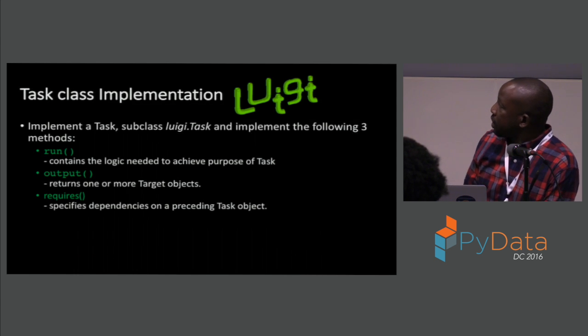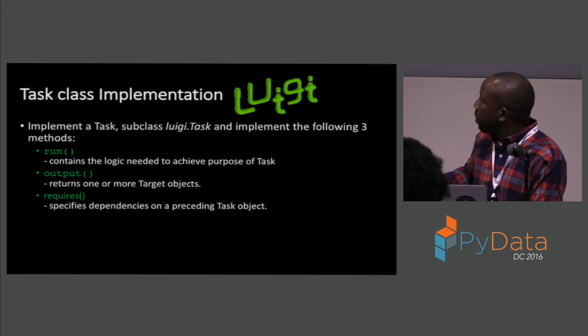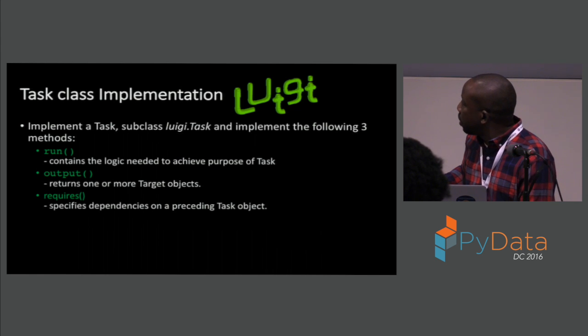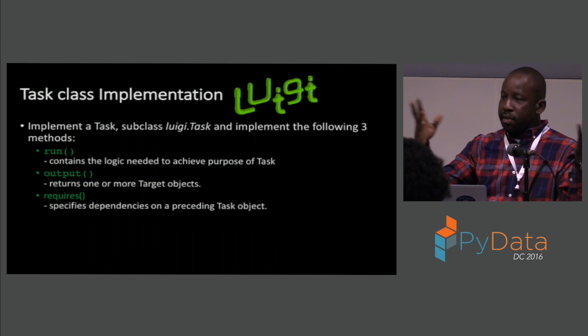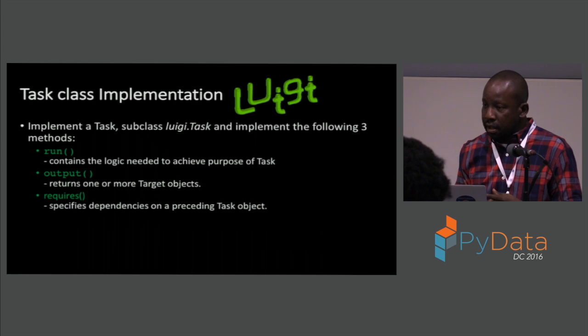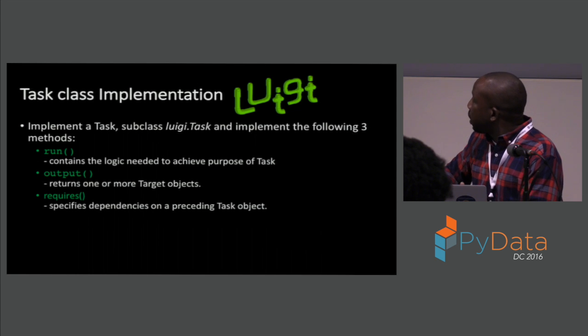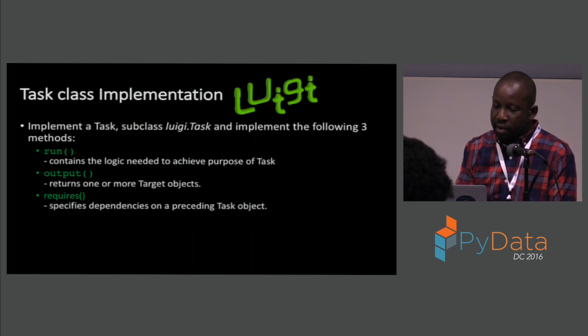Okay, let's talk a little bit about the task class implementation. As I said, you subclass luigi.Task, and you have to implement in general these three methods. The run method contains the logic needed to achieve what you're trying to do.